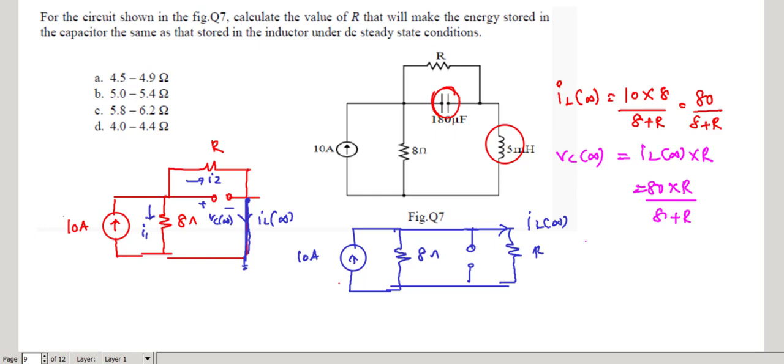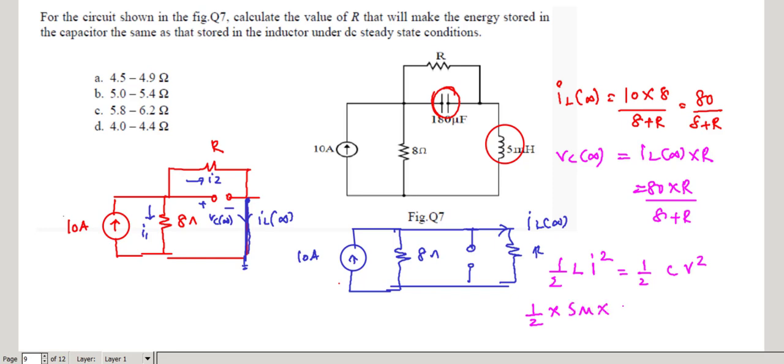What he has given: energy stored in the capacitor is equal to energy stored in the inductor. Half L I square equals half C V square. What is L here? L is how much? 5 microhenry.